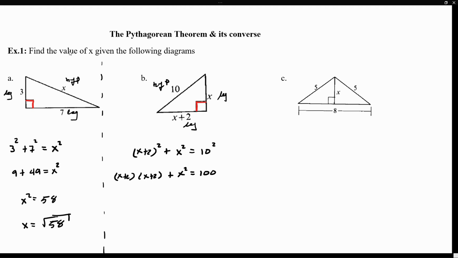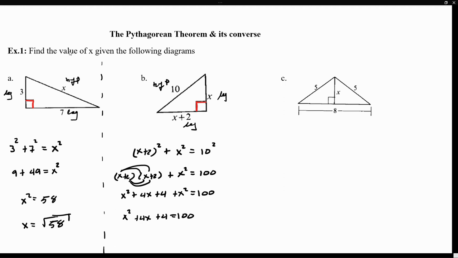If we distribute this, we're going to end up with x squared plus 4x plus 4, that's equal to x squared. Let me bring down the rest and combine like terms. We see that we have x squared plus 4x plus 4 equals 100.